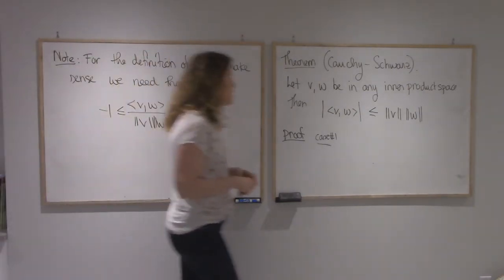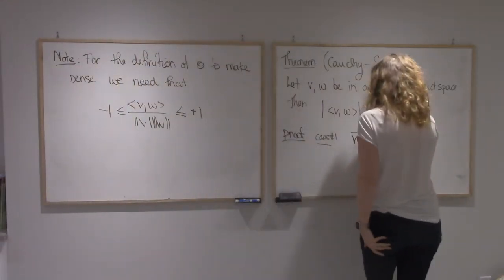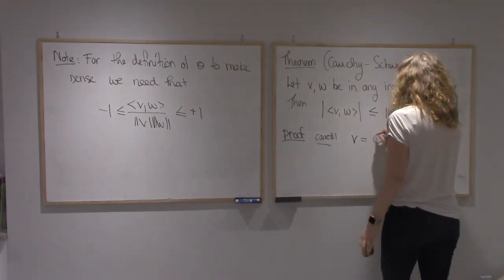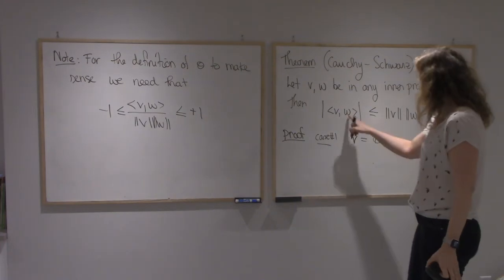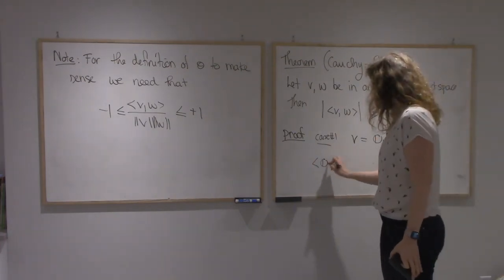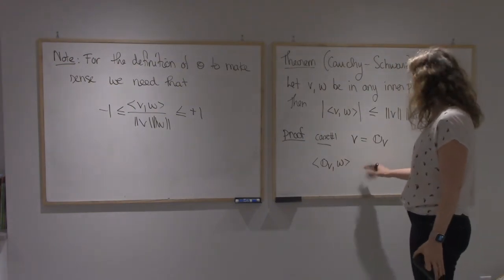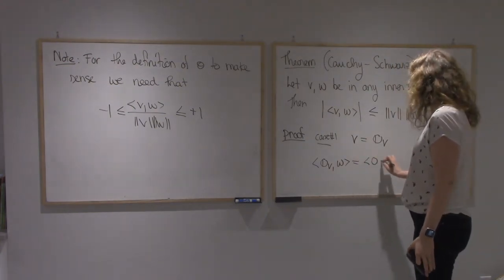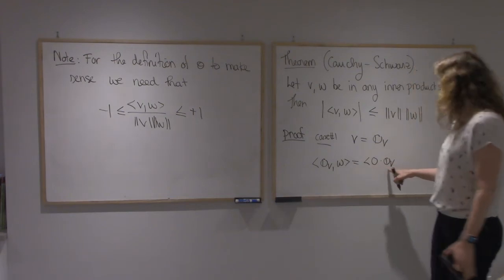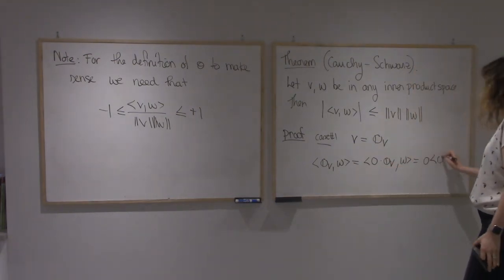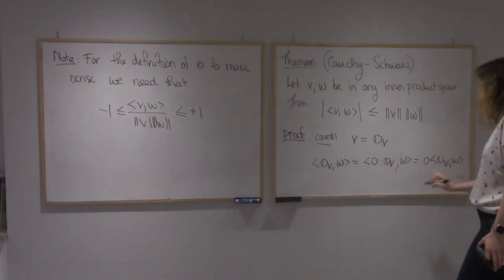If V is the 0 of the vector space, then this side is ⟨0, w⟩. To show that it will be 0, let me write it as ⟨0·0, w⟩, and then I can take the 0 out, and I'll get 0.